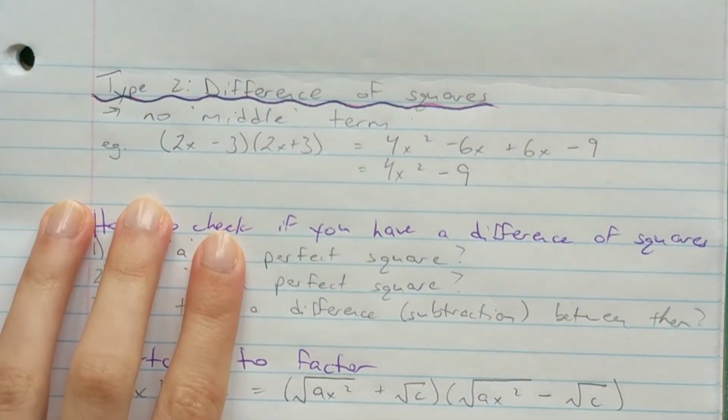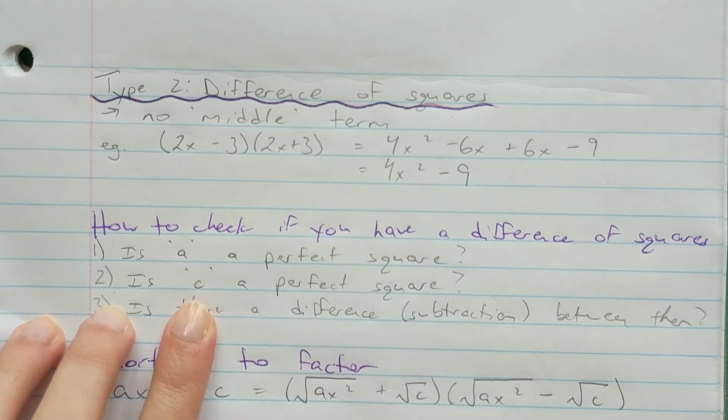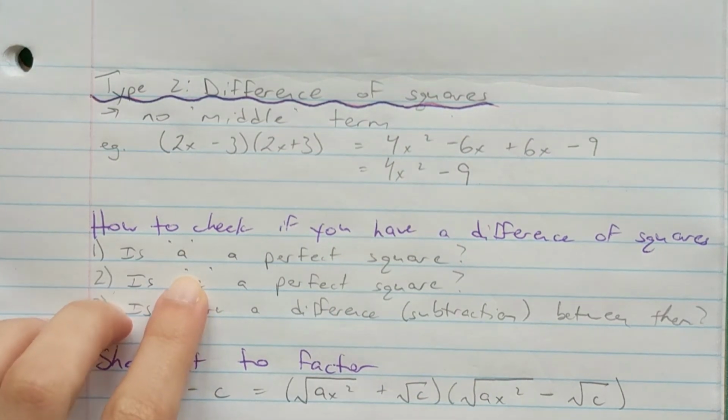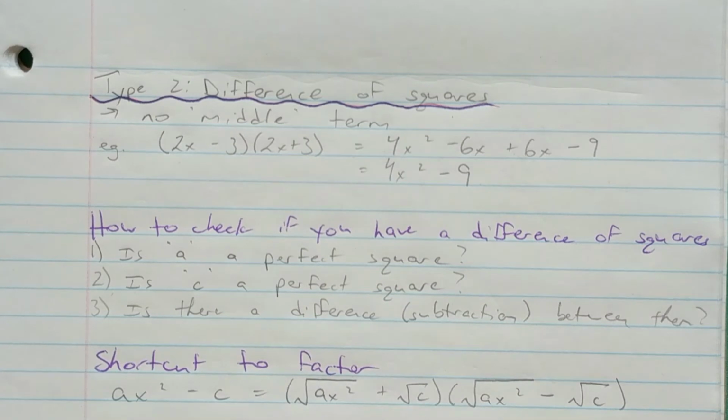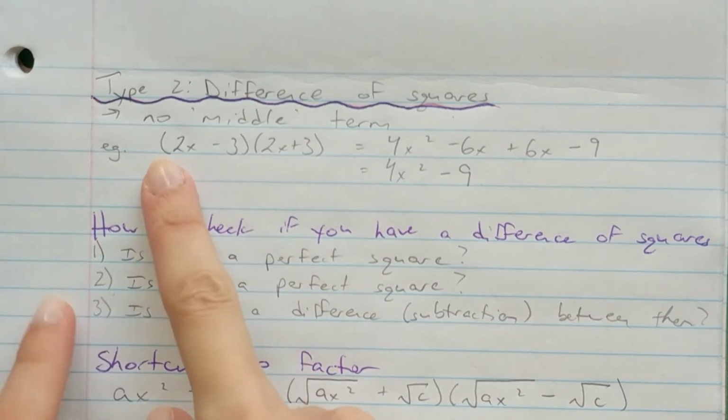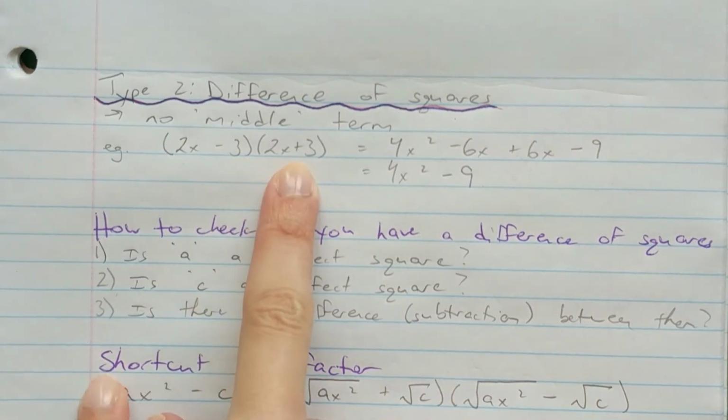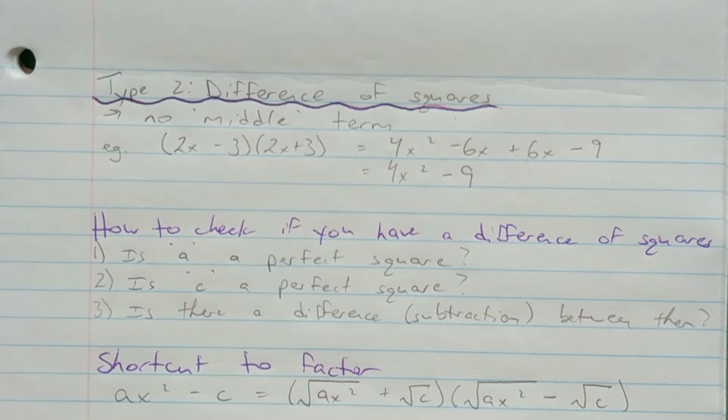Let's take a look now at our second type, difference of squares. In a difference of squares, there is no middle term, there is no b term. Let's look at why that happens. For example, we have 2x minus 3 times 2x plus 3.